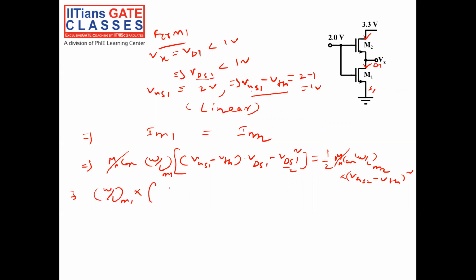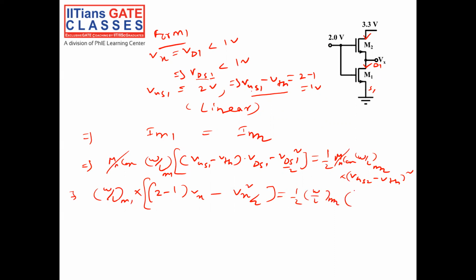VGS1 is nothing but 2 minus 1, into VDS which is Vx minus Vx square by 2, is equal to half W by L of M2.